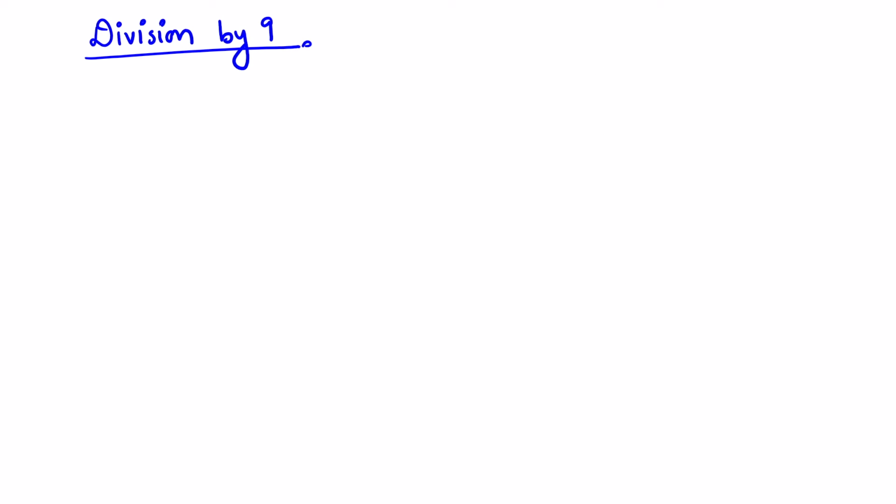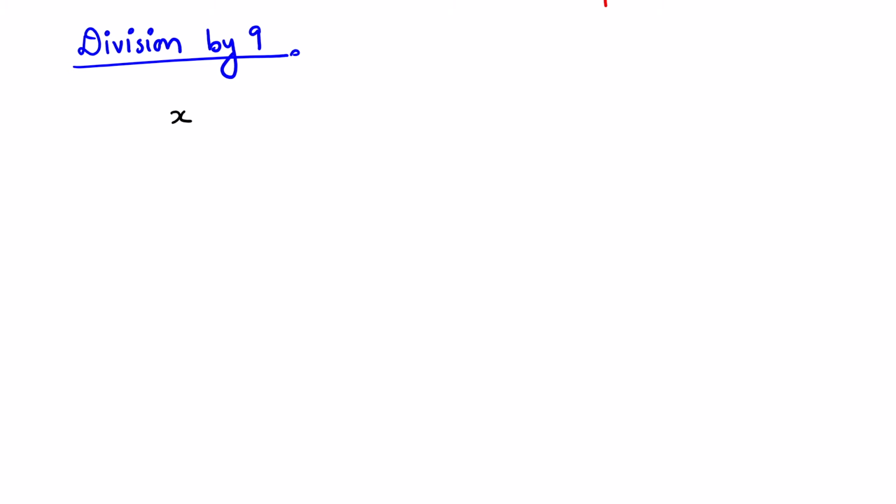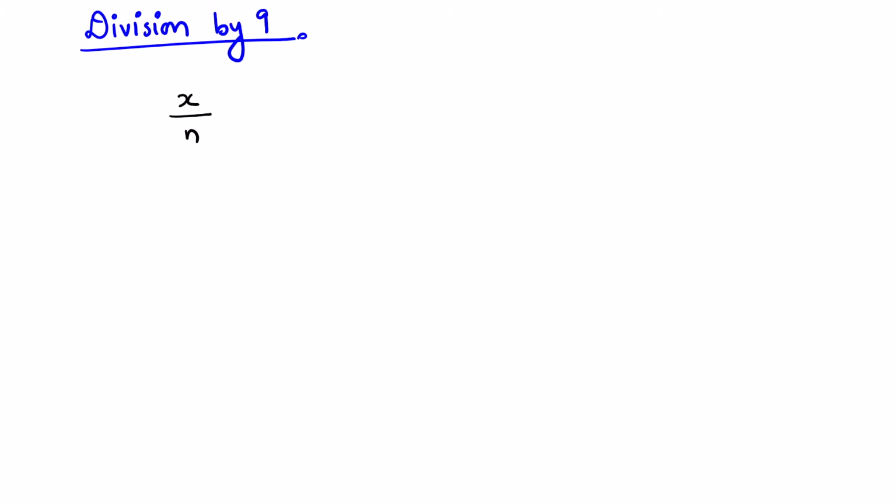Now another thing that you should keep in mind is regarding the remainder. If you are dividing number x with n, then the remainders should be among the set 0, 1, 2, 3 up to n minus 1.